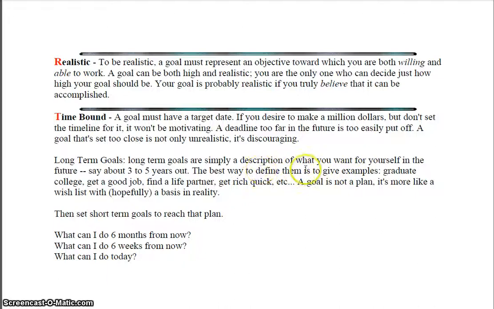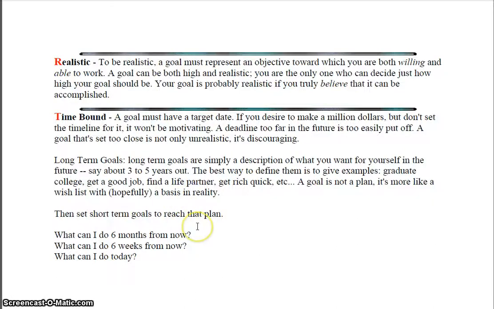Some examples of long-term goals could be graduating college, getting a job, finding a life partner, but these are not SMART goals. Those are concepts of the types of goals, but then you need to make sure that you state those goals using the SMART criteria: specific, measurable, attainable, realistic, and time-bound.